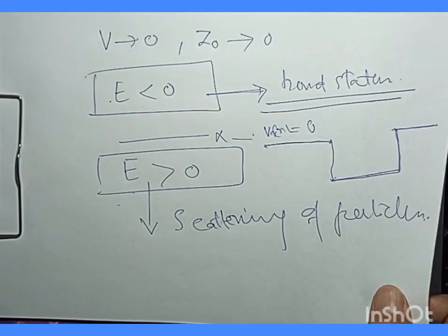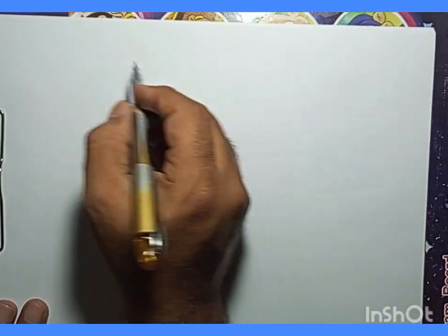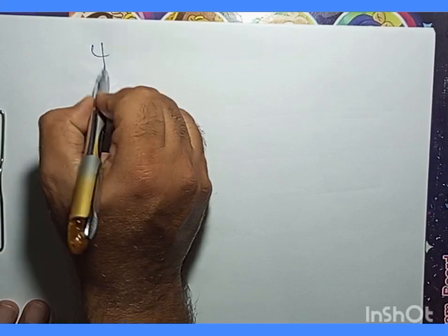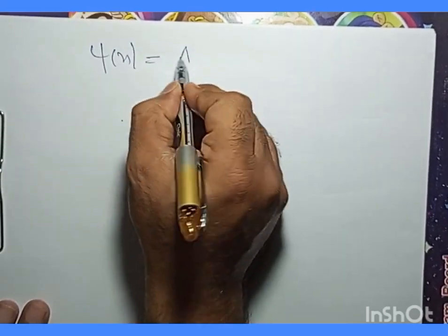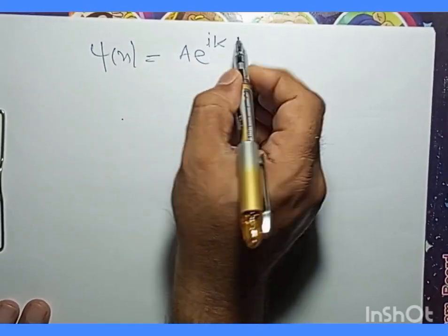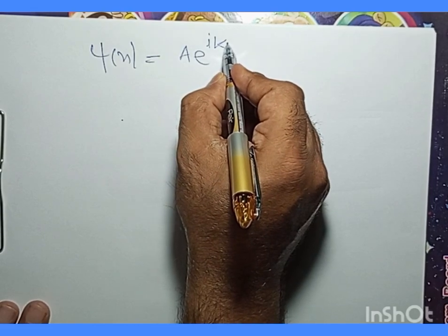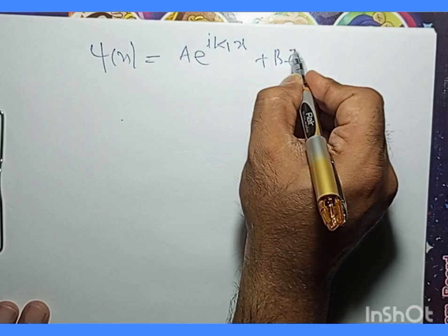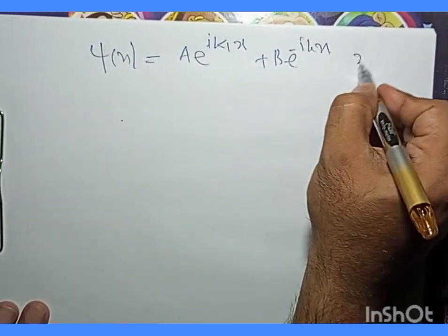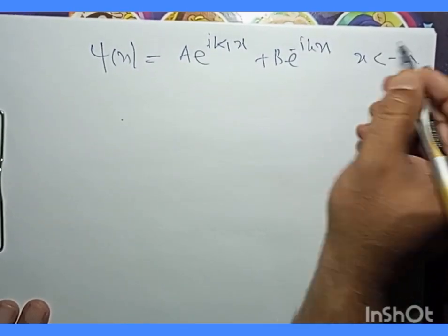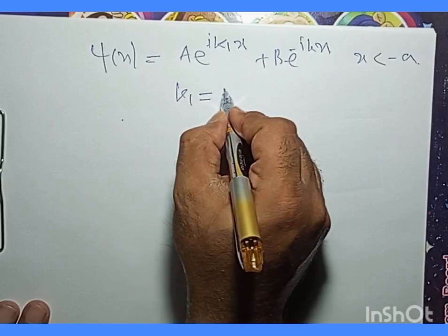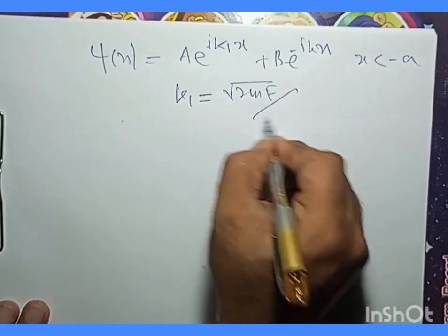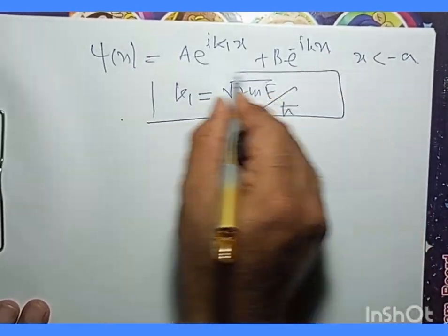And we are dealing with the same problem, and we can write down the solution. The solution for the first region, psi of x, will be A e to the power of iota k1 x plus B e to the power of minus iota k1 x. This is for x less than minus a, where this k1 is simply the square root of 2mE by h cross, because E is greater than zero.